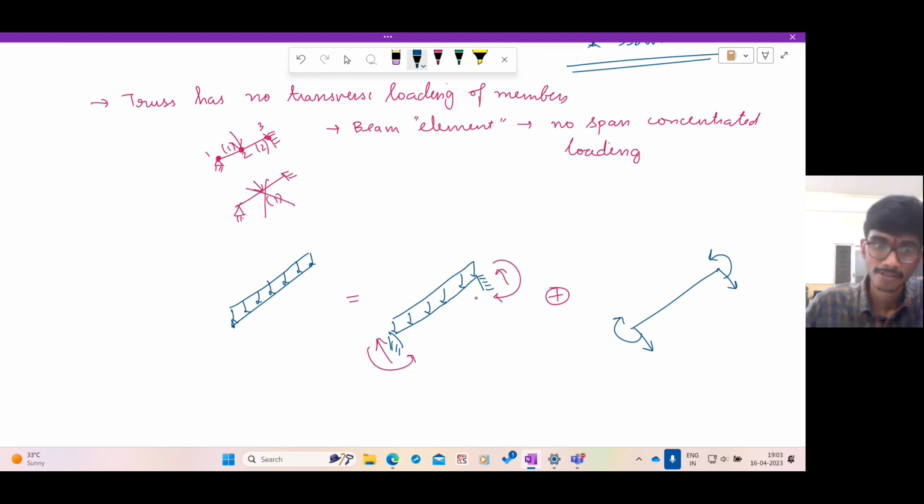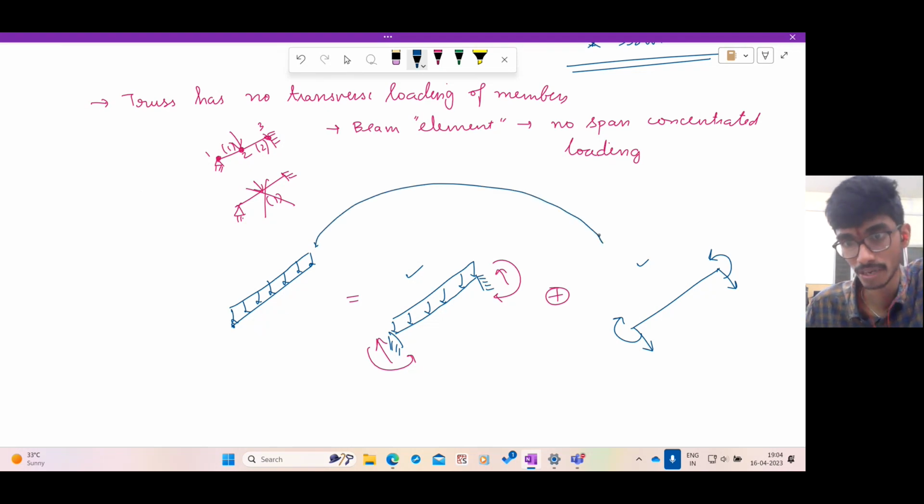So this can be thought of as a superposition of this one and this one. This will not give rise to any displacements at the joint, so this will not enter our equations because the displacements are all zero in this case. So basically, the relationship between the forces and the displacements are exactly the same in these two cases.